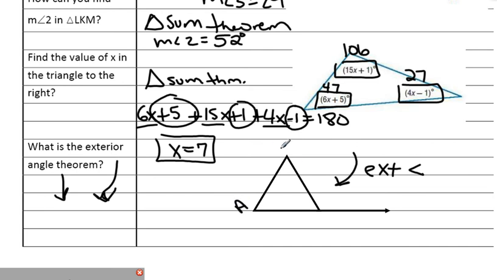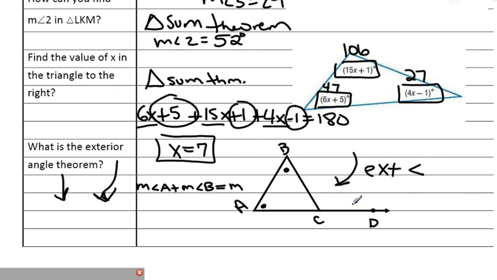Let's go ahead and label our points A, B, C, and then how about a point out here, D. The exterior angle theorem is that the sum of angle A plus angle B, so the measure of angle A plus the measure of angle B, equals the exterior angle.